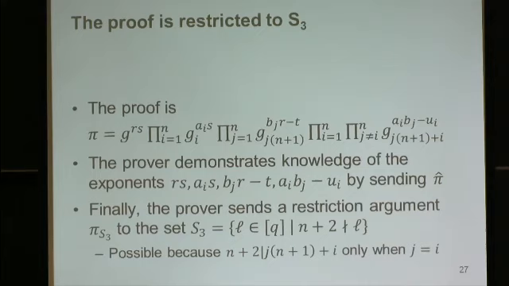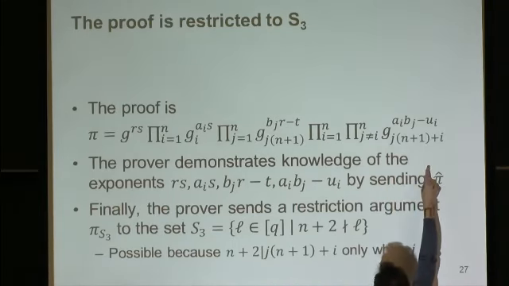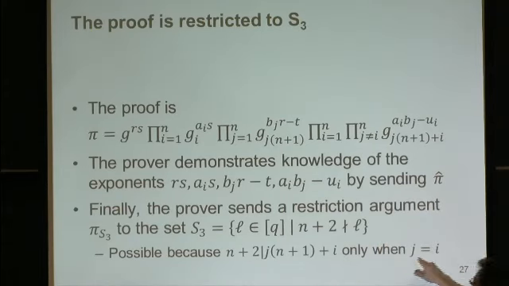And it will give a restriction argument to the set S3. This is possible because n plus 2 only divides this jn plus 1 plus i term when j is equal to i. So this is kind of where the magic comes in.